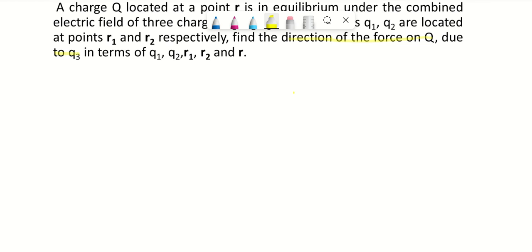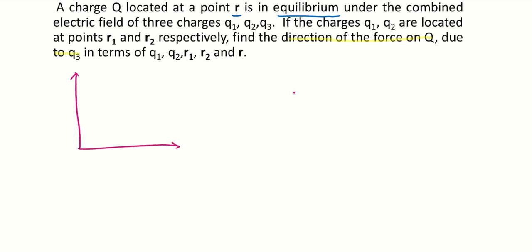So let's understand this question by drawing the vector diagram. Let's take the frame of reference this way, X, Y, and Z. This is a point charge Q1 and the position vector of Q1 is R1 vector.